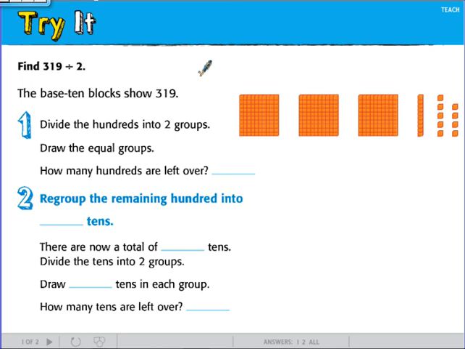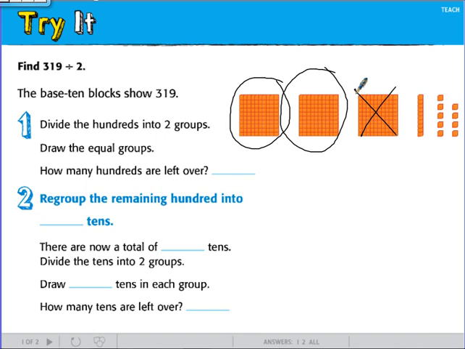So when I divide the hundreds, how many hundreds are there? 3. There are 3. So I divide them into 2 groups. I have 1 left over. I have to break this up into 10 tens now. Okay?